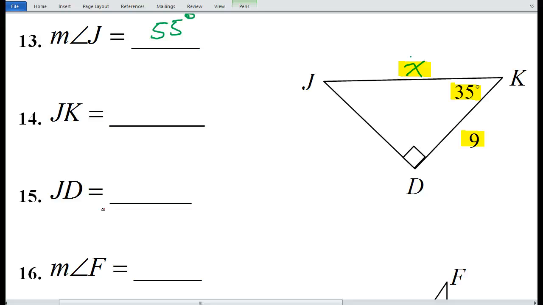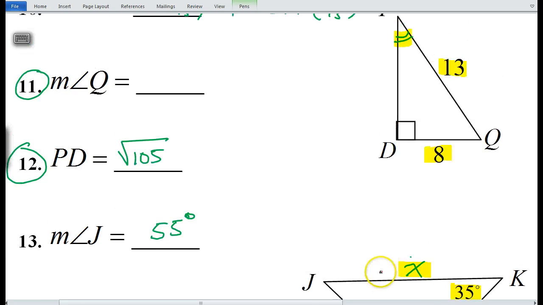Say again? Why am I using 9? In these problems, you're always going to use what you're given. When you look at that triangle, we're given two numbers, 35 and 9. So we're definitely going to use those two pieces of information, because that's all we've got. Does that make sense? Look back at the previous problem that we did.